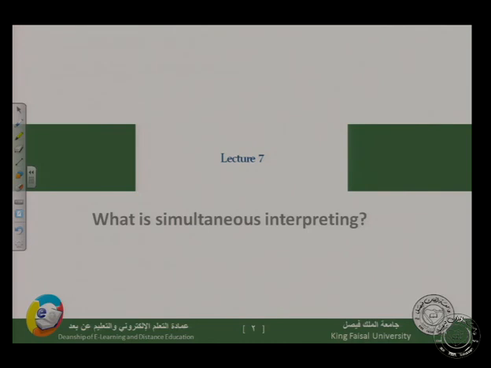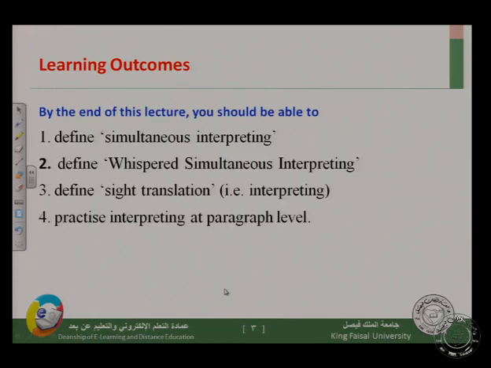Today's lecture is number 7, and the title of our lecture is, as you can see, what is simultaneous interpreting? By the end of this lecture, you can define simultaneous interpreting, you can define whispered simultaneous, and then you can define sight translation.